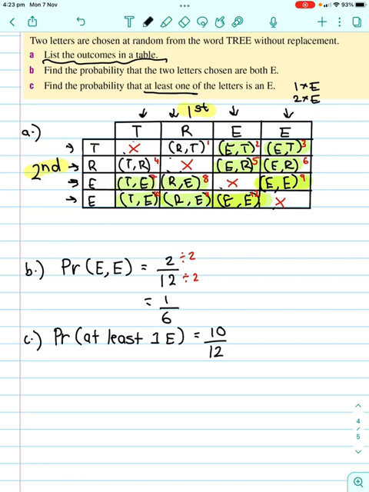That gives me 10 out of 12. I'm then going to simplify this. I know that 2 goes into both of these numbers, so 10 divided by 2 is 5, and 12 divided by 2 is 6. So the probability of drawing an option that has at least one E is 5 out of 6.